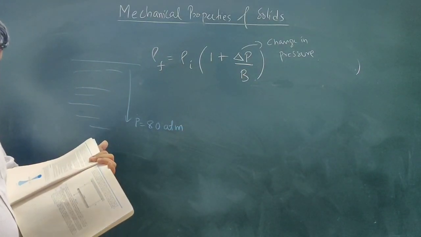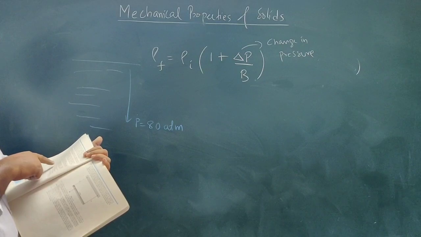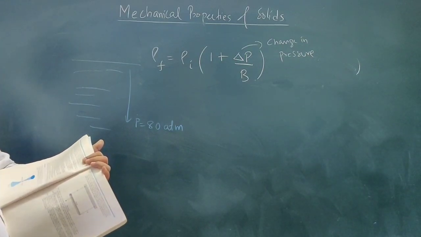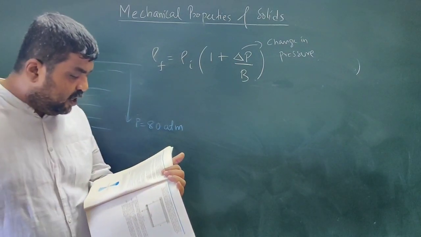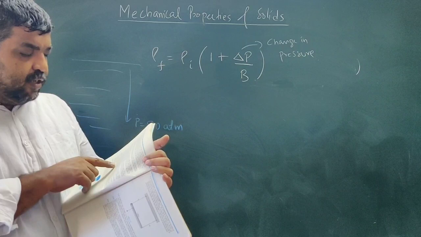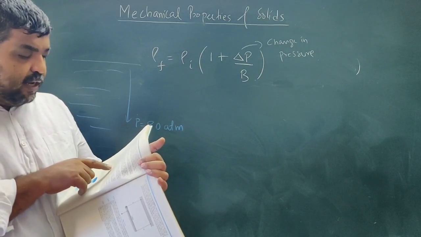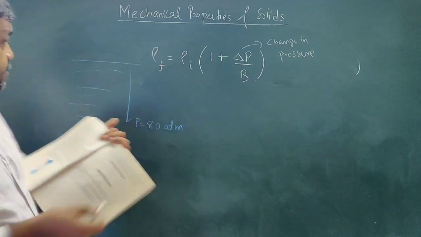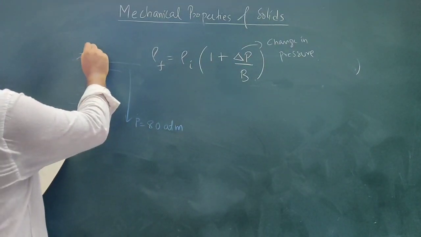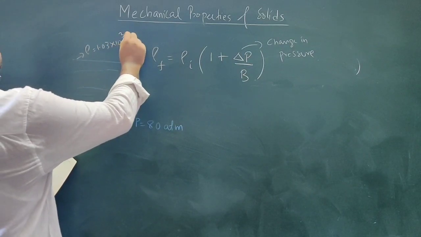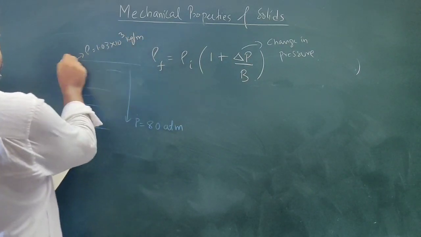What is the density of water at a depth where pressure is 80 atmosphere, given that its density at the surface is 1.03 into 10 power 3? There's a misprint. In some books it is written as 1.03 into 103. Actually it is 1.03 into 10 power 3, meaning the density is 1.03 into 10 power 3 kg per meter cube on the surface.